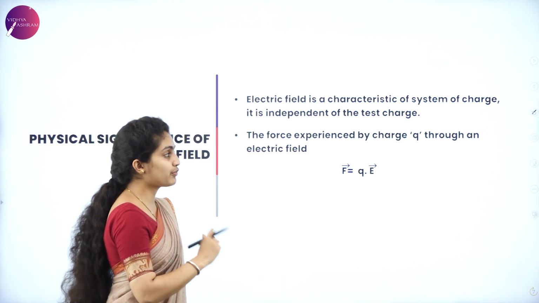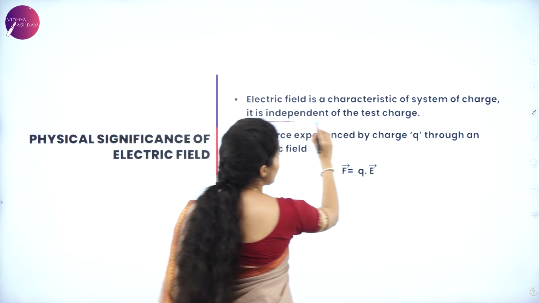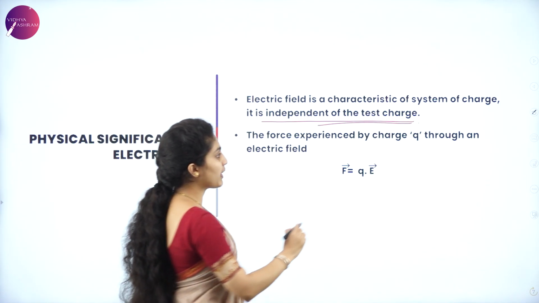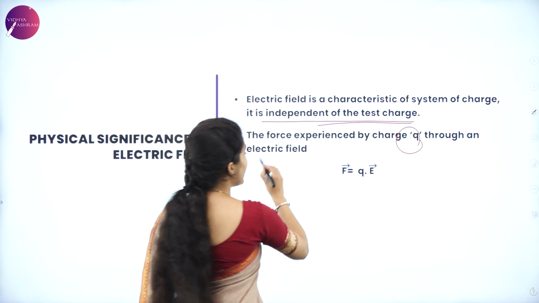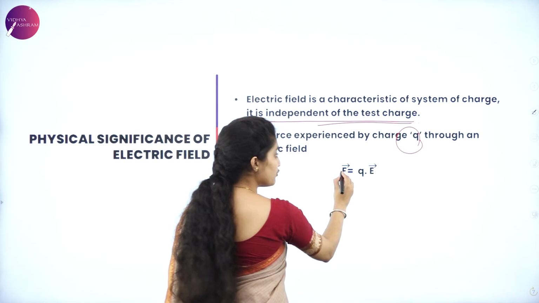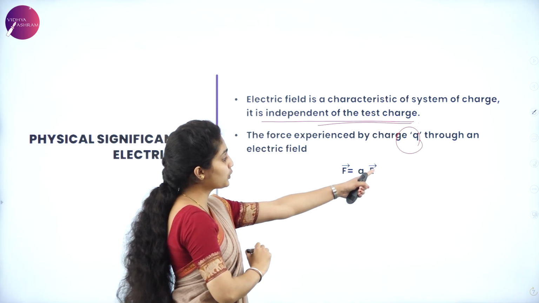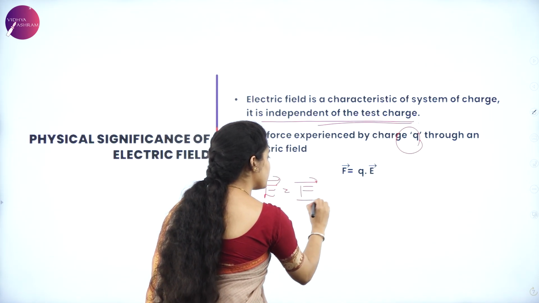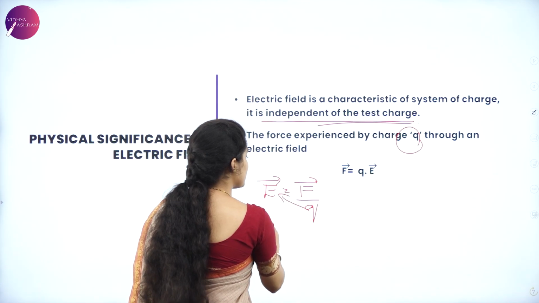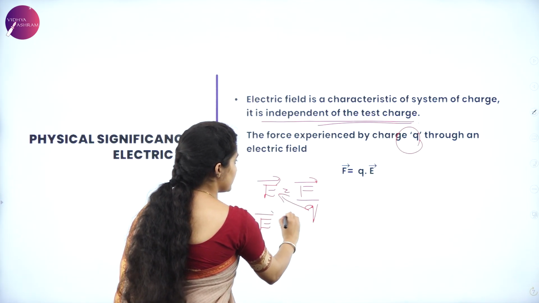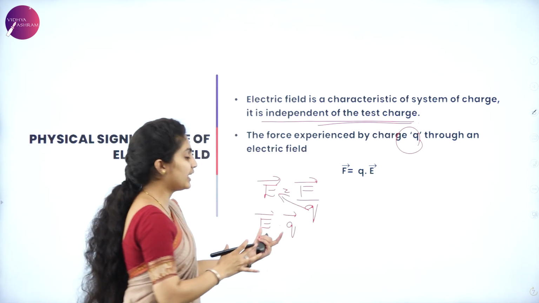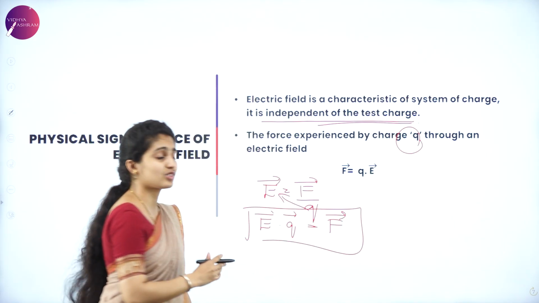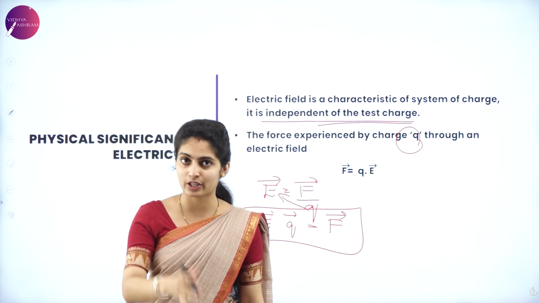This is one of the points. And the force experienced by a charge Q in an electric field is given by force is equal to Q into E, because you know that electric field is nothing but force per unit charge. So force experienced will be E into Q. That is all about the physical significance, nothing to break your head over.